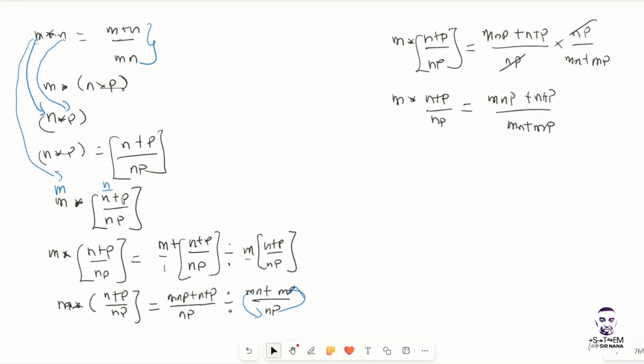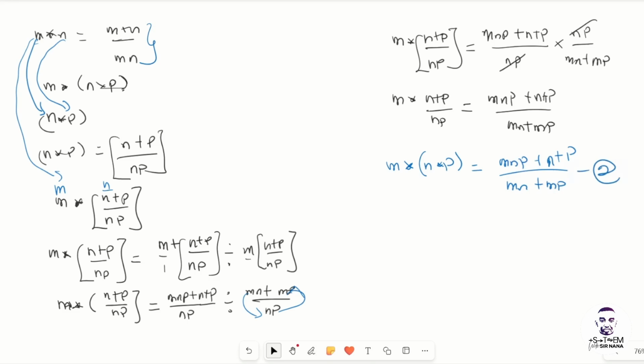So we can say that on the other hand, the m operation n into bracket operation p is equal to mnp plus n plus p all over mn plus mp. Now let's call this equation 2.